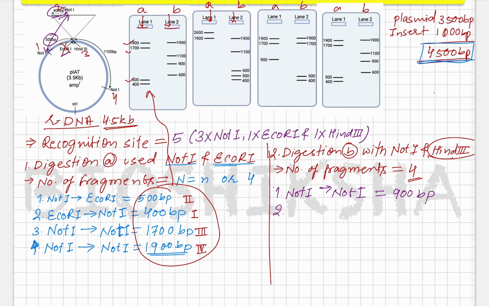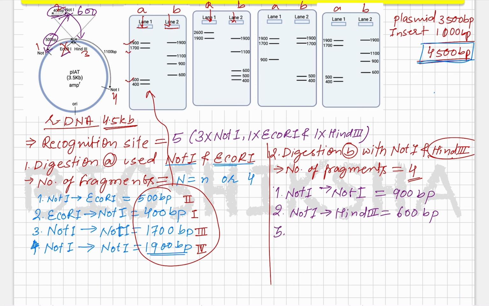The second fragment is between this Not1 and Hind3, isn't it? So Not1 to the recognition site of Hind3, and the distance here is 600, from Not1 to this Hind3. So just write 600 base pair.